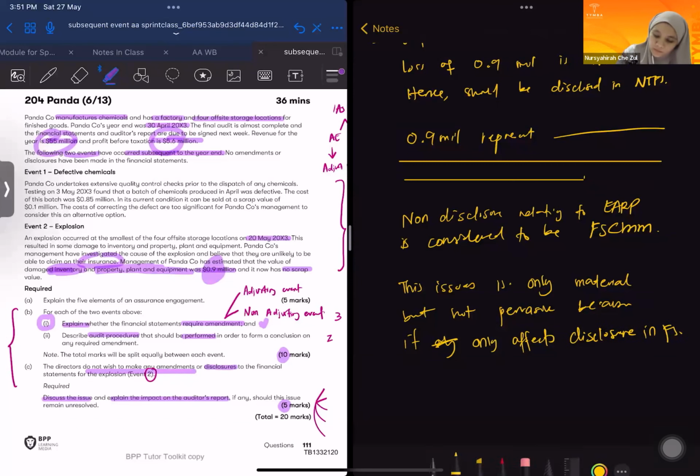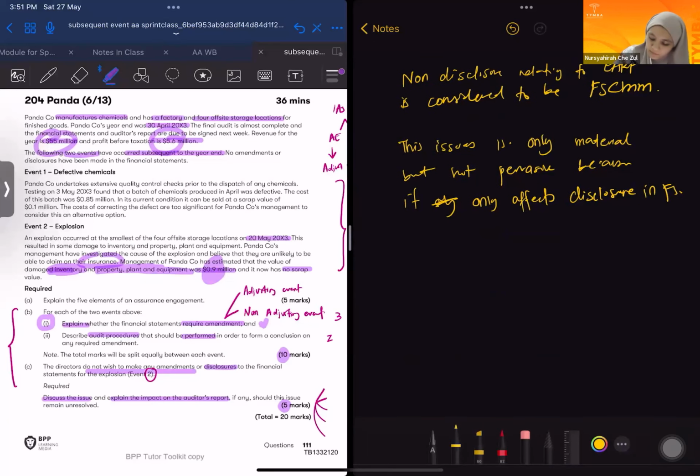That is sufficient. So the next step, as per my notes just now: materiality, FSMM, material not pervasive, then you arrive at the opinion. The appropriate opinion to be issued is a qualified, except for, opinion.